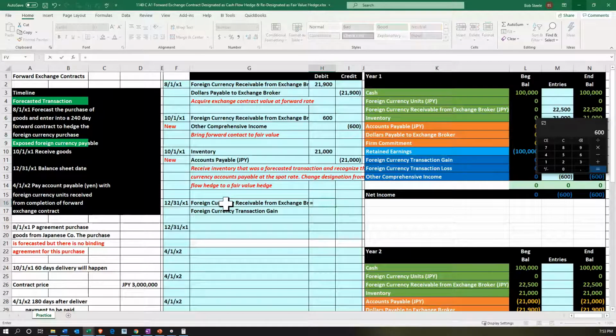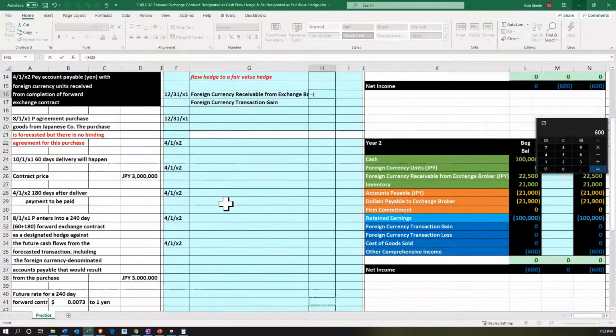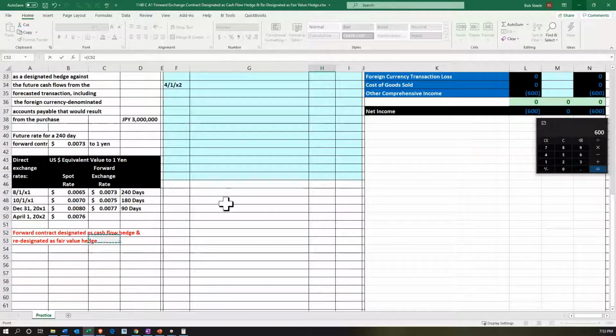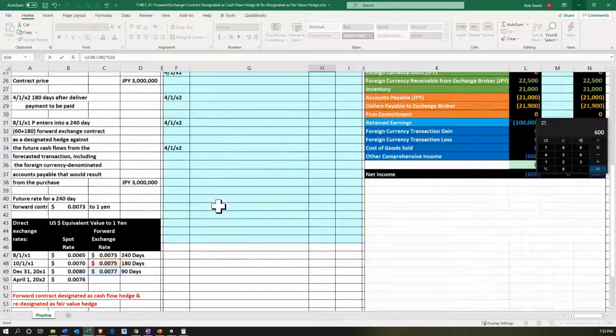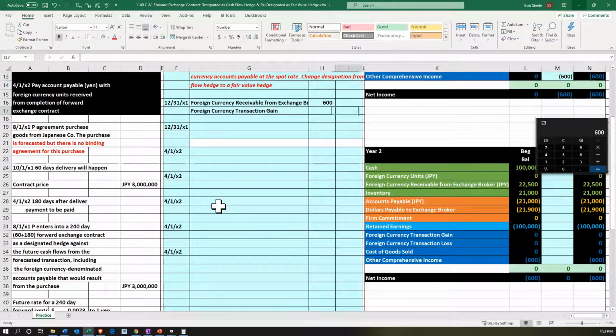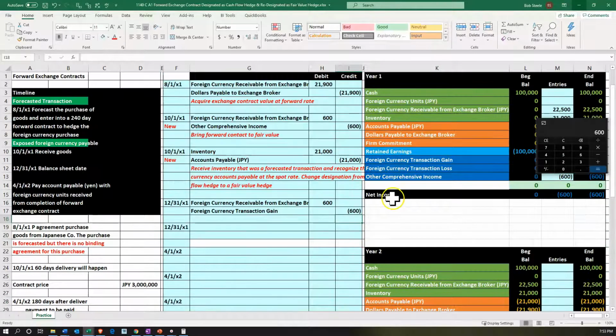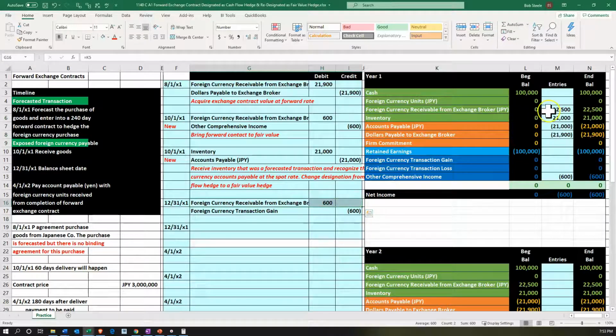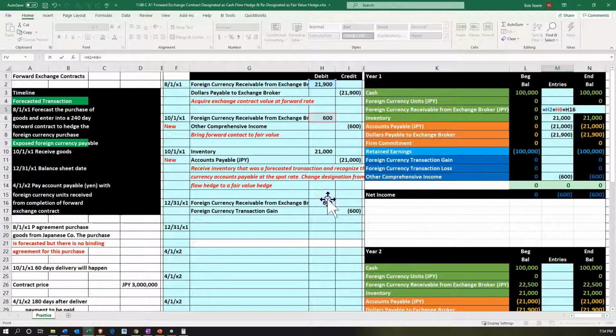We'll calculate this again. It's going to be equal to, I'll put brackets around this thing, I'm going to take the bigger of the two numbers, which is the 0.0077 minus the 0.0075, closing up the brackets, multiplying it times that 3 million. So there's going to be the debit, there's going to be the credit. Let's go ahead and move the calculator out of the way so we can post this thing. So we're going to go up top to the foreign currency receivable. Up here, we're going to double click on it because something's in it. We're going to go to the end of it, say plus, pick up that $600.